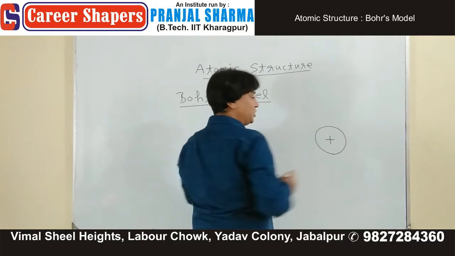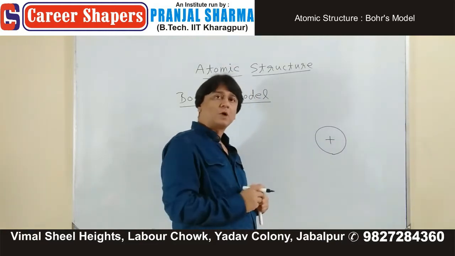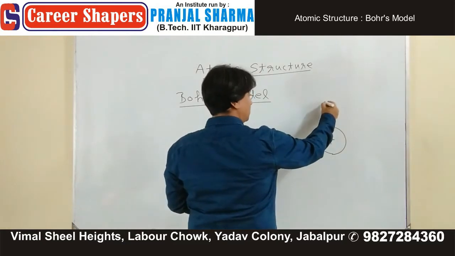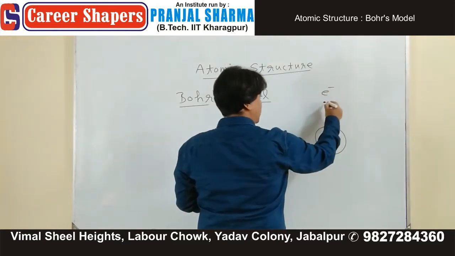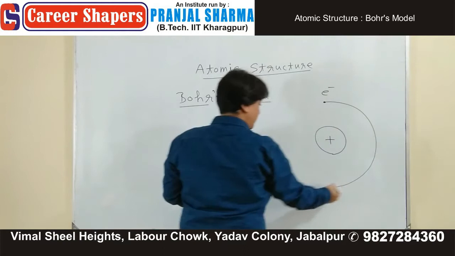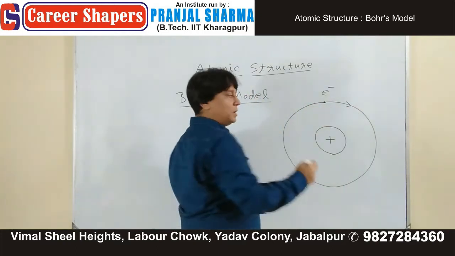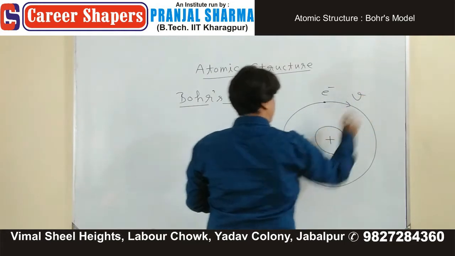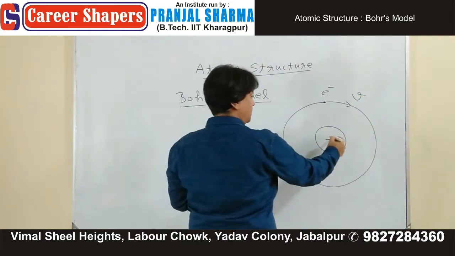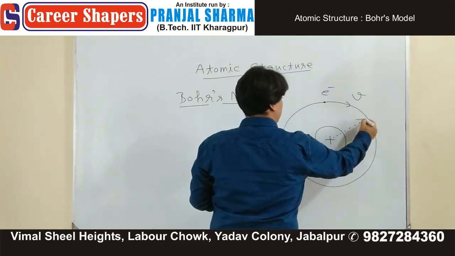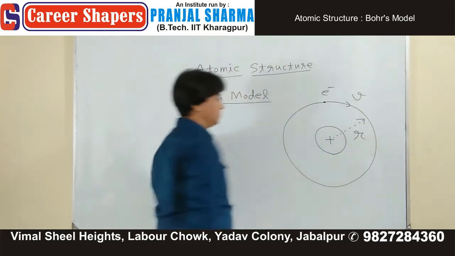So Bohr's model is for a positive nucleus. We'll talk about hydrogen first. A positive nucleus and a negative electron orbiting around it, let's say with speed v in a circle of radius r.